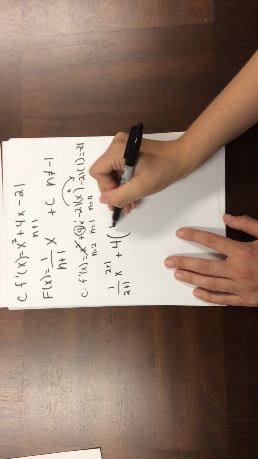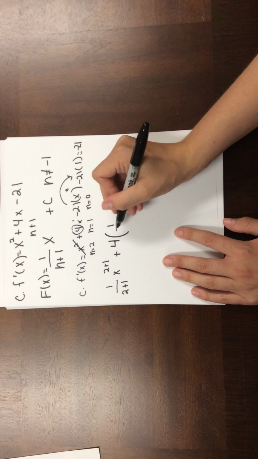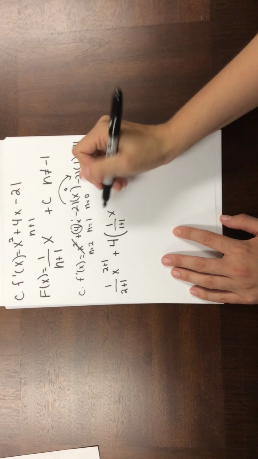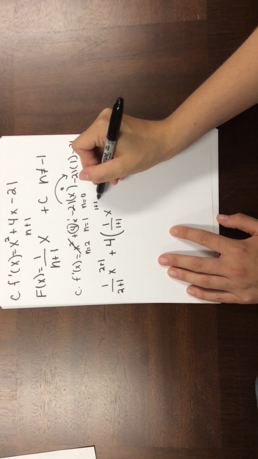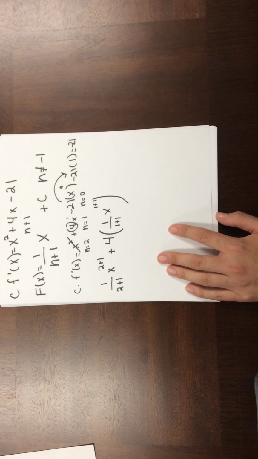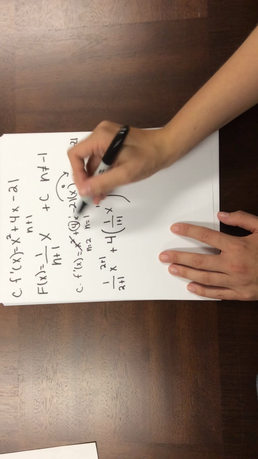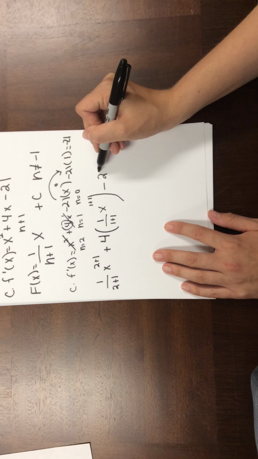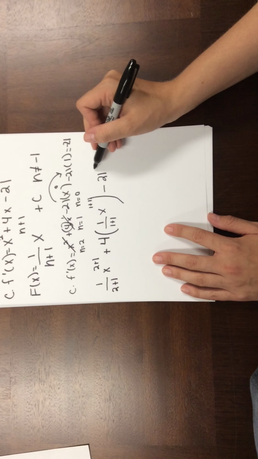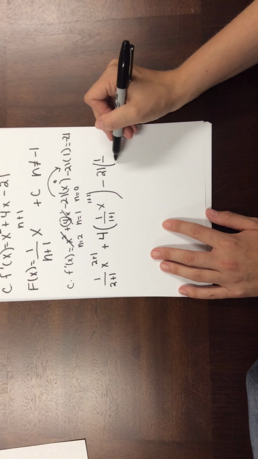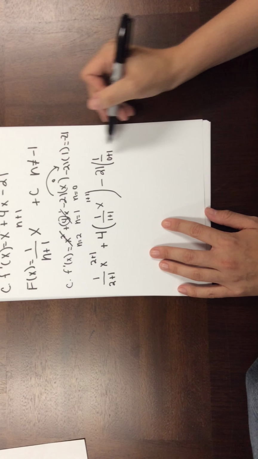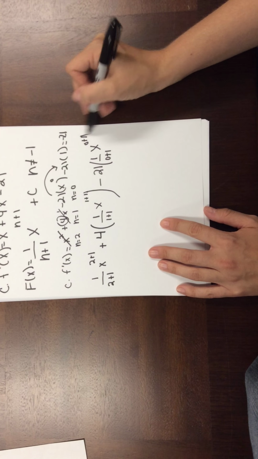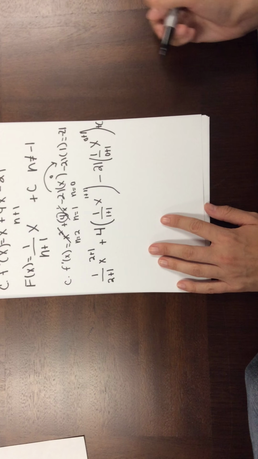Then we have 1 all over, remember n is 1 in this case, so 1 plus 1, x to the 1 plus 1. Then that takes out this term. Then we have minus 21, 21 is our constant, times 1 all over 0 plus 1, because n is 0, x raised to the 0 plus 1. Then I'll add my c over here really tiny.